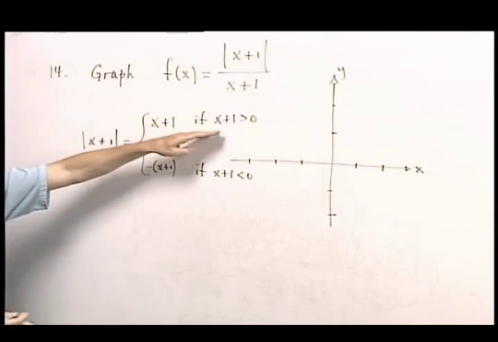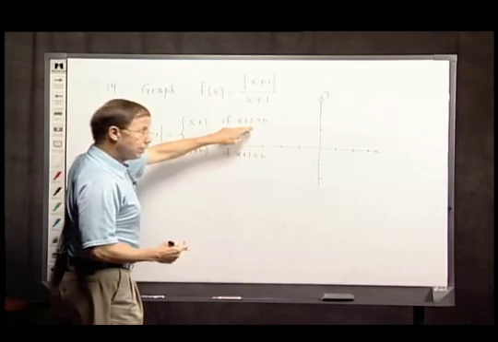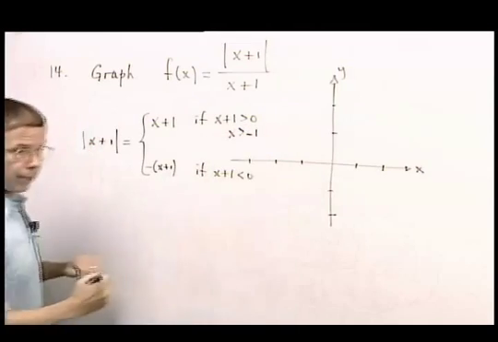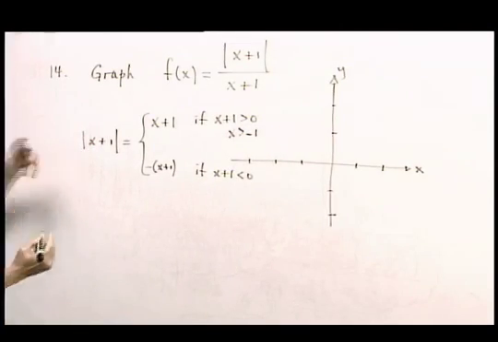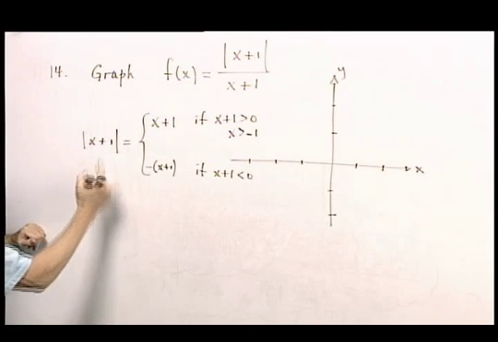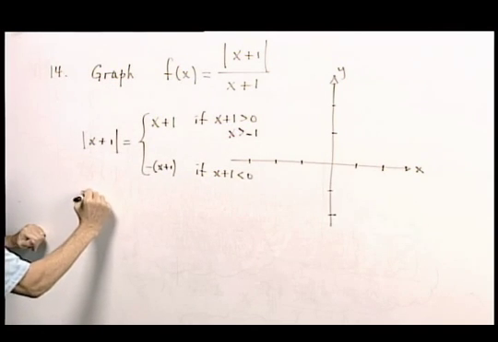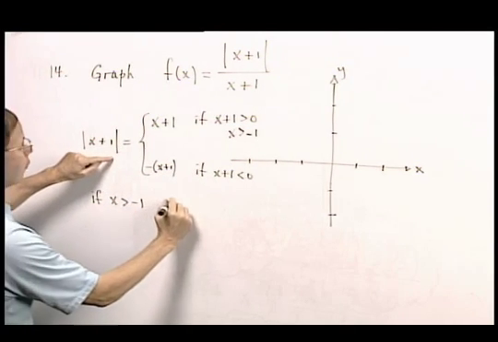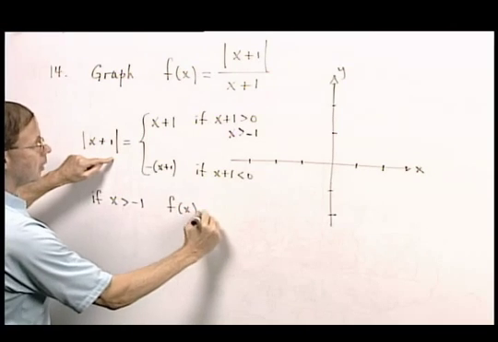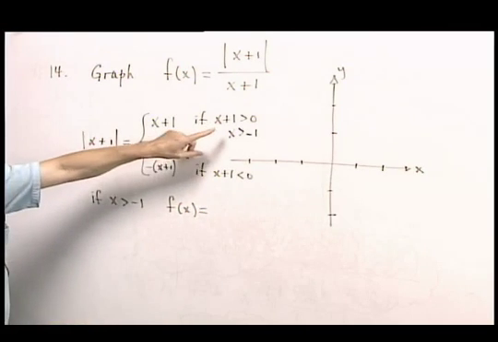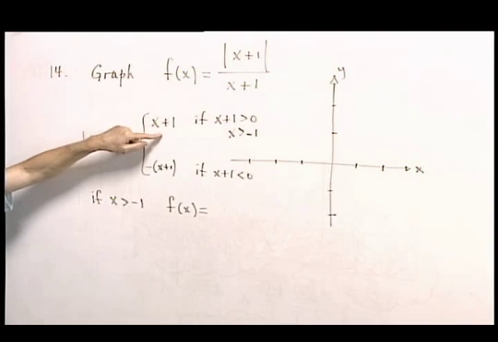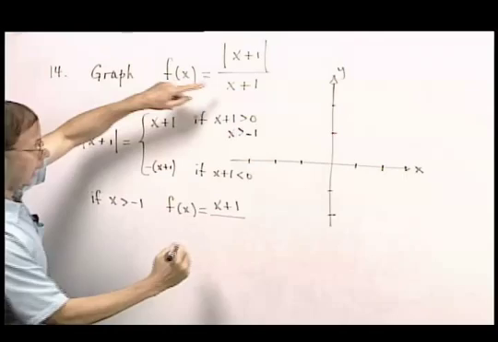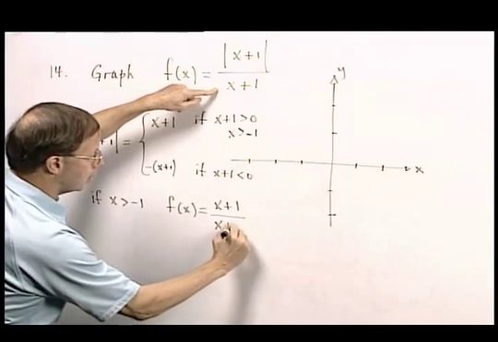So I'm looking here. If this is true, that means that x is bigger than negative 1. Well, what's the value of my function? If x is bigger than negative 1, f of x is, well, the absolute value is simply x plus 1, and I divide by x plus 1.